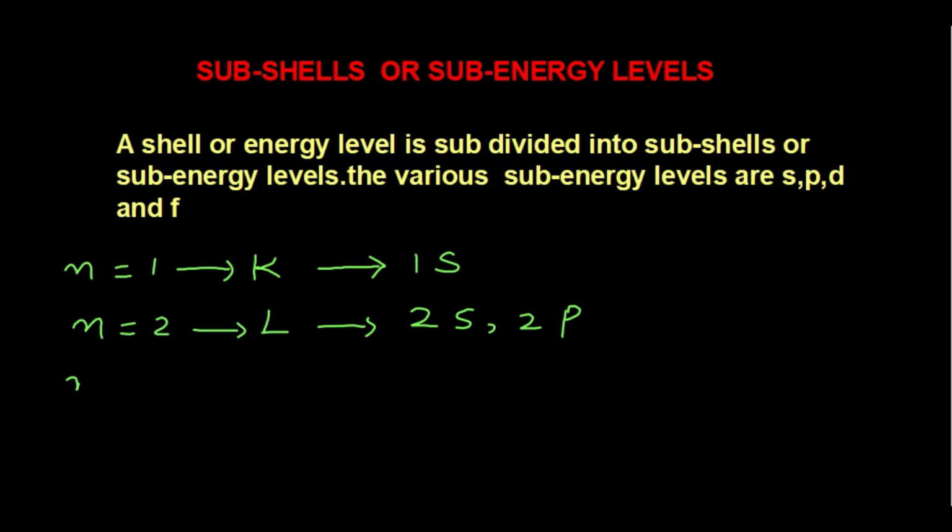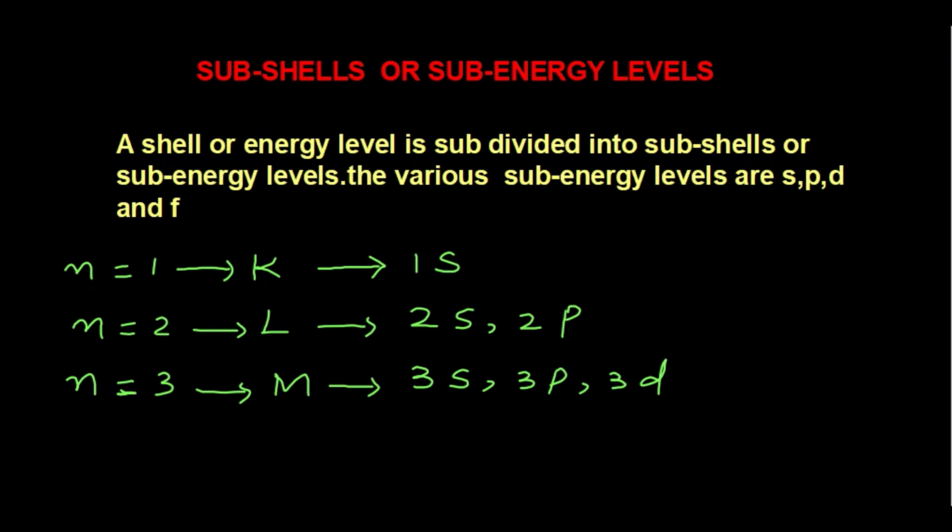Similarly, when n is equal to 3, it is the third shell, which is the M shell. M has three subshells, which are 3s, 3p and 3d.